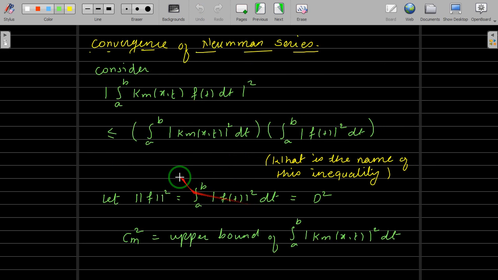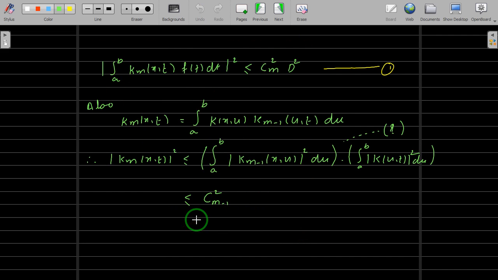From here we have taken Cm square as the upper bound of this integral with Km. So if you change this to m minus 1, you will have C_{m-1}. Right? So this is C_{m-1} whole square, and then this integral a to b mod of K(u,t) whole square du.